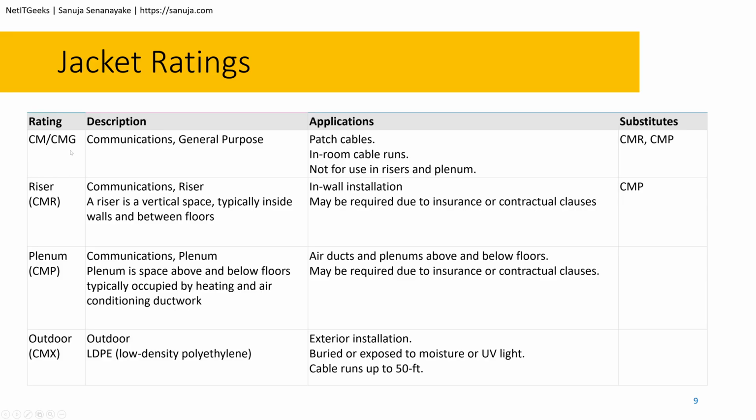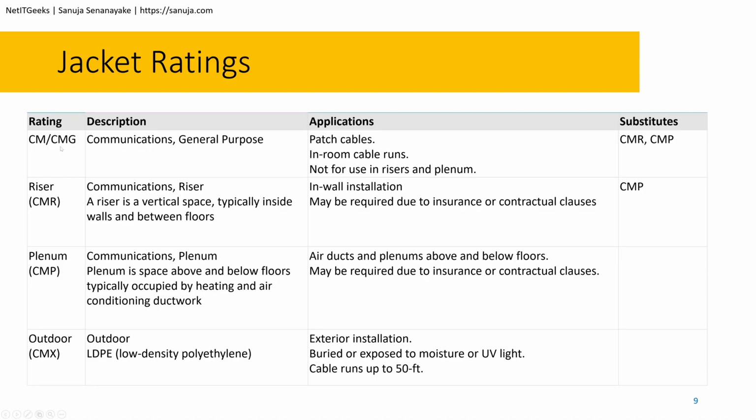CMG is not typically recommended there. You can use it and it will still work, but it is not recommended. Also, this can be a regulation or code law break if you actually use it in plenum spaces. So keep that in mind. I believe plenum is pronounced plem, not plenum. Plem spaces.